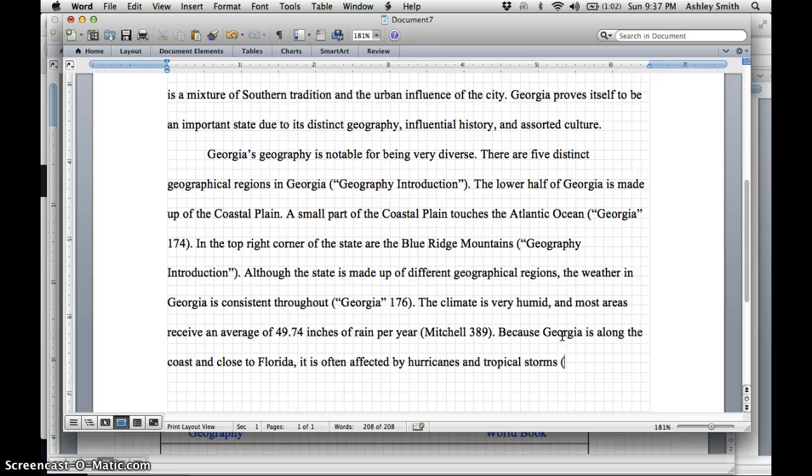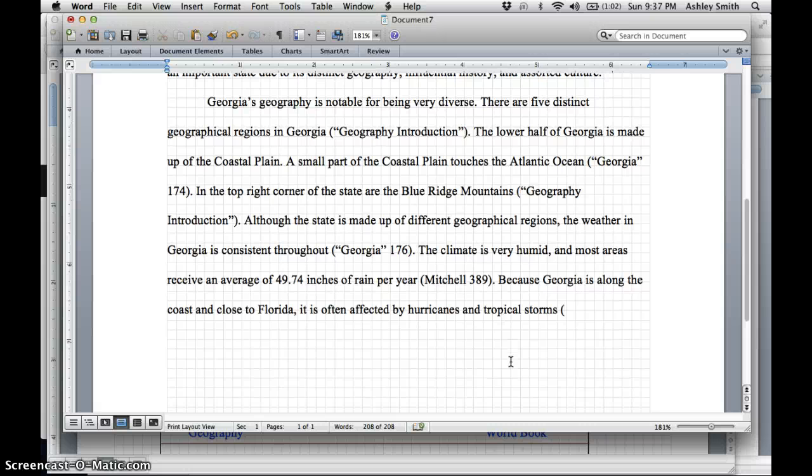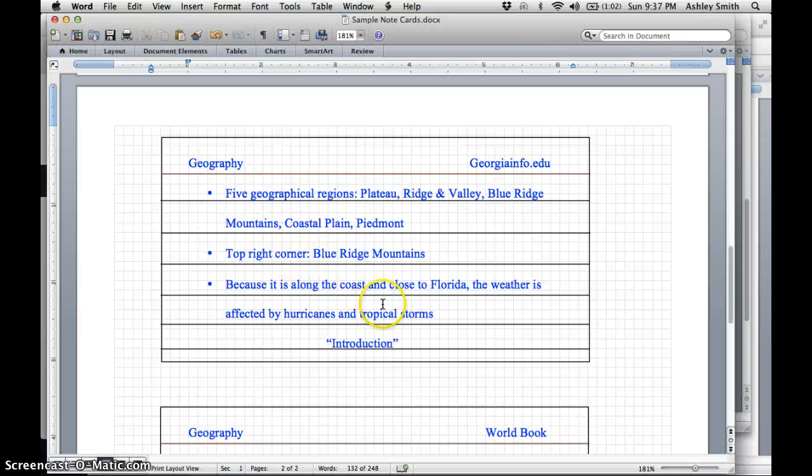Okay, so because Georgia is along the coast and close to Florida, it is often affected by hurricanes and tropical storms. Going back to my note cards, that information about hurricanes and tropical storms came from my georgiainfo.edu source.